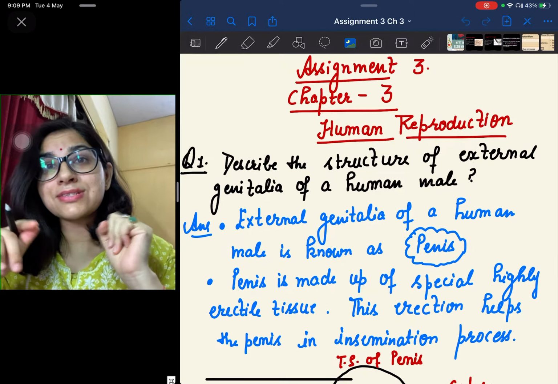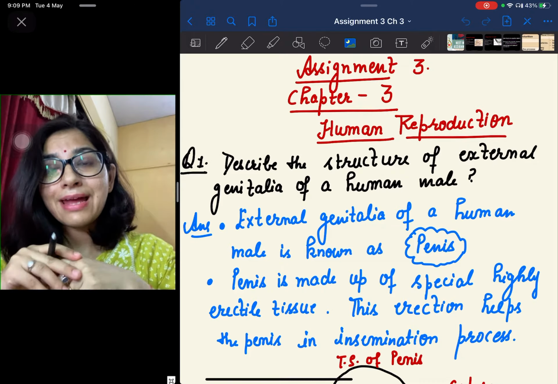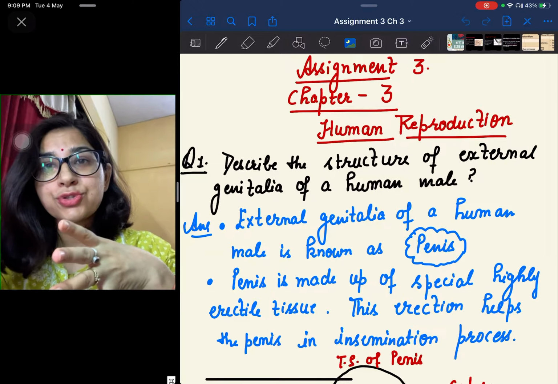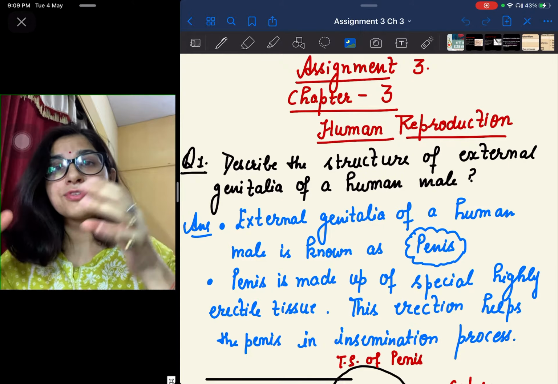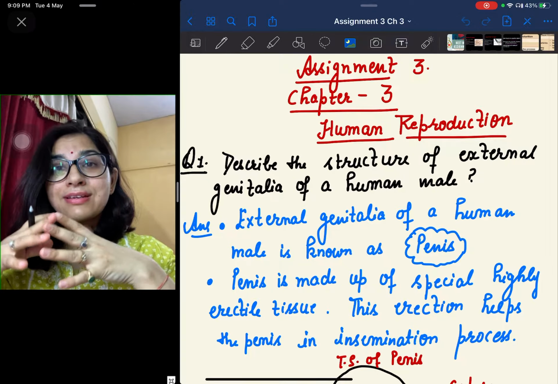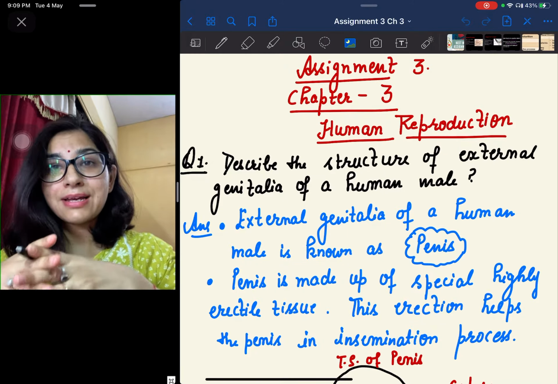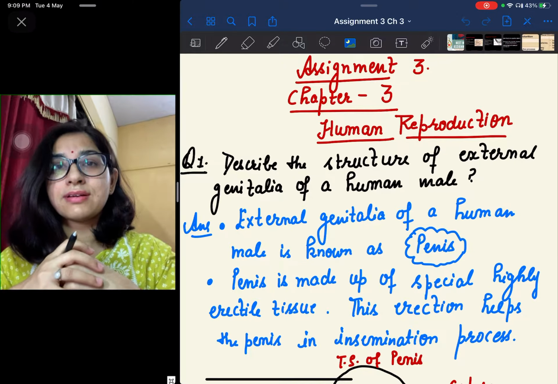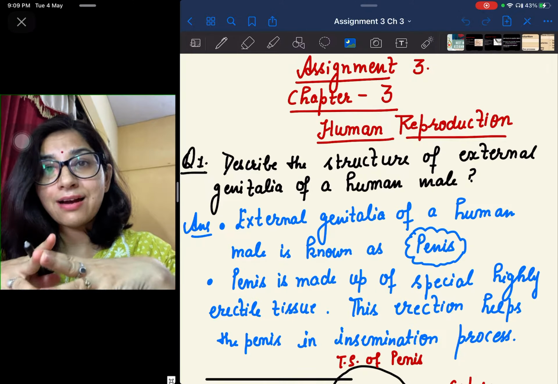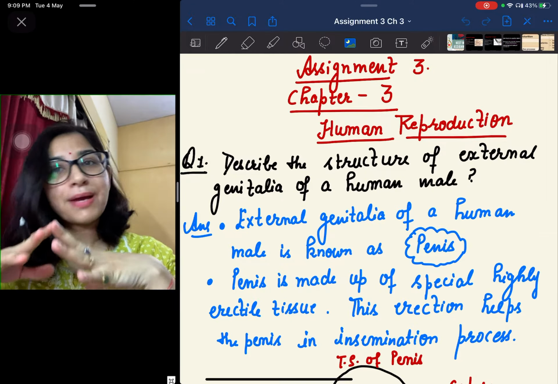That is the first step to explain any answer that is asked of you. So you have to read the question carefully. The 15 minutes which are given during the board time are only for reading. That is what helps you to read every question very carefully, right? So the external genitalia of a human male is the penis.